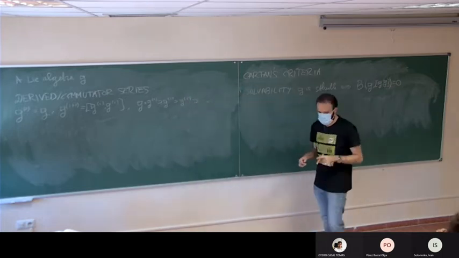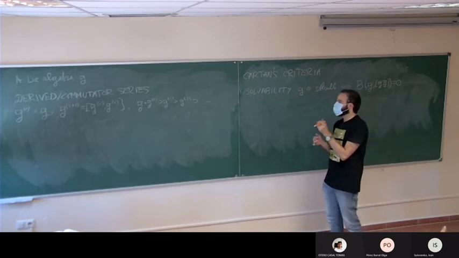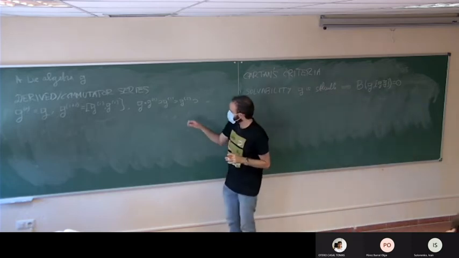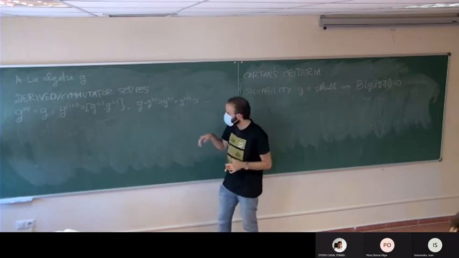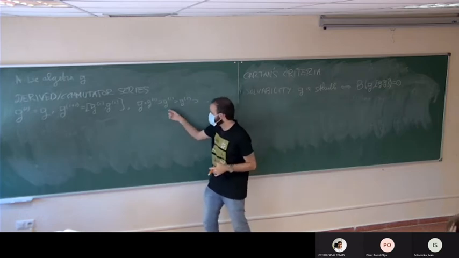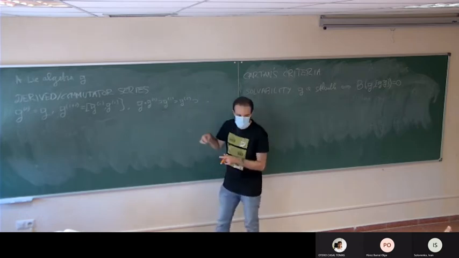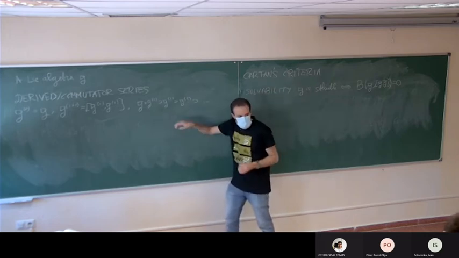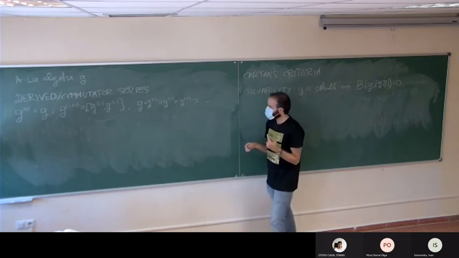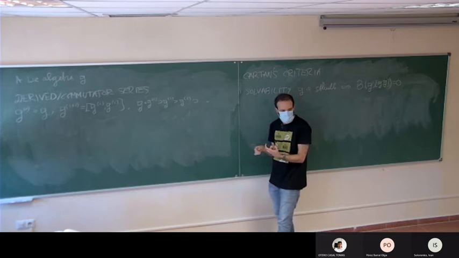And since we are in finite dimension, notice that if, for example, G_1 is strictly smaller than G_0, then its dimension is strictly smaller. So this will be strictly decreasing until it reaches a point in which G_i is equal to G_{i+1}.